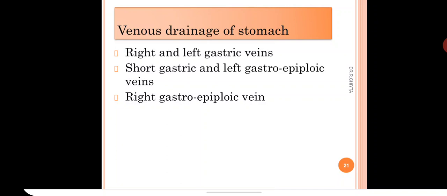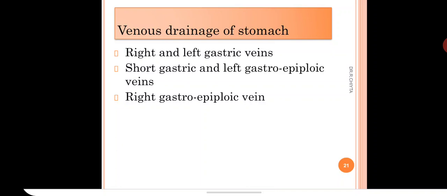A portacaval anastomosis is present around the abdominal part of the esophagus between the esophageal tributaries of the left gastric and inferior hemiazygos veins. So in portal obstruction, these veins are distended, producing esophageal varices.